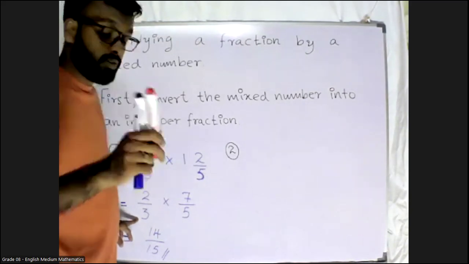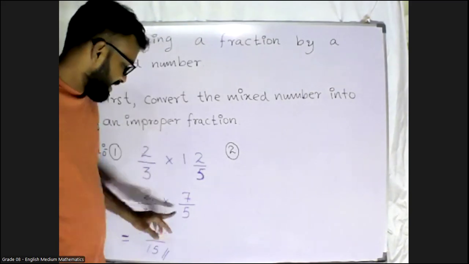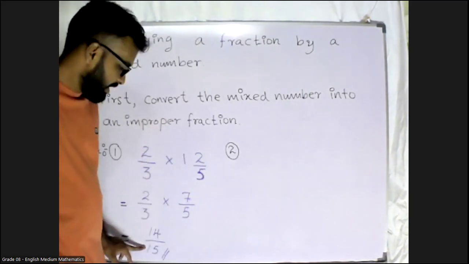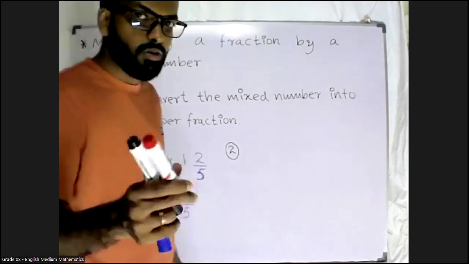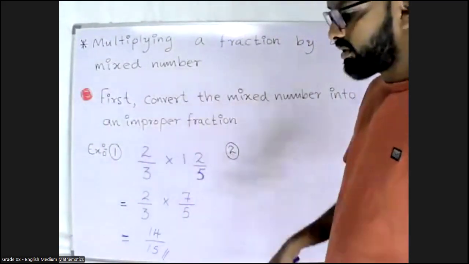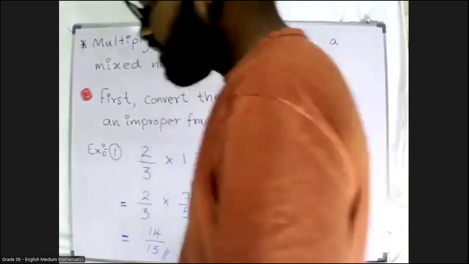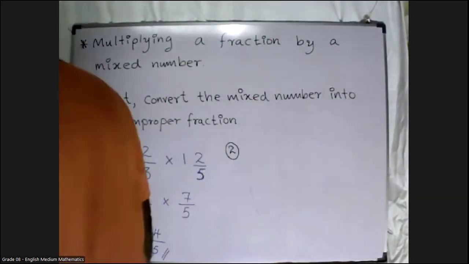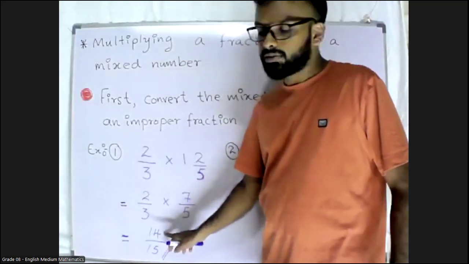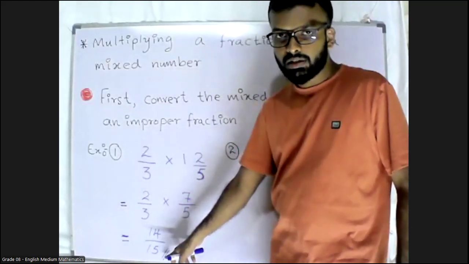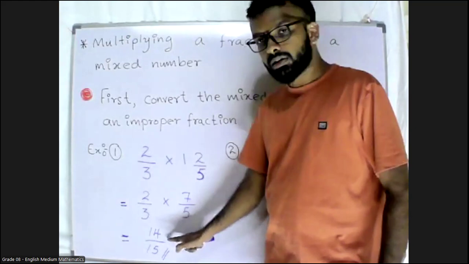Last week I did this part, so you have to go through it. 3 times 5 is 15, then 14 over 15. How does it become 1 over 50? Did you clarify that or not? No, this is not an improper fraction because the numerator is smaller than the denominator. Got it? Clear?